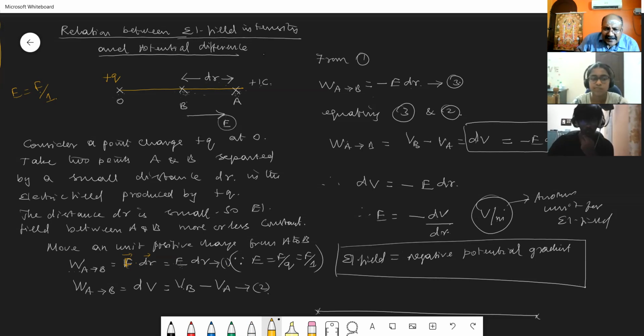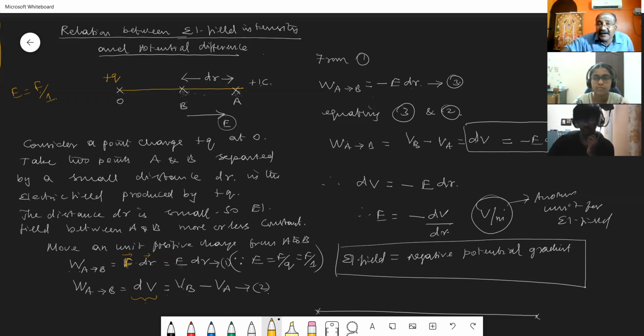See, if I am considering work done from A to B, according to the definition of potential difference, the work done in moving a unit positive charge from A to B against the electrical field is nothing but the potential difference dV. So potential difference dV is equal to final potential minus initial potential, that is VB minus VA. Now you consider this equation number 3.